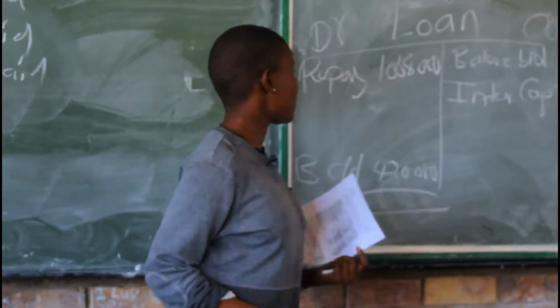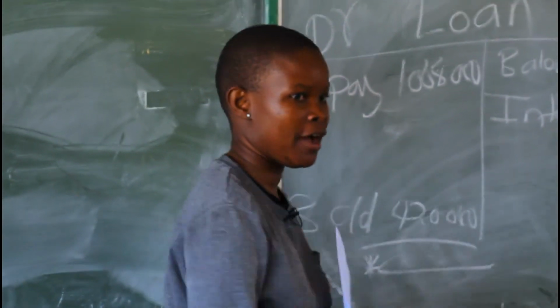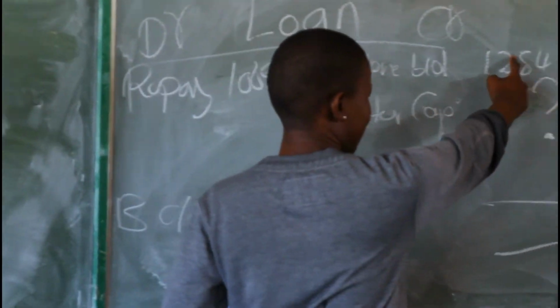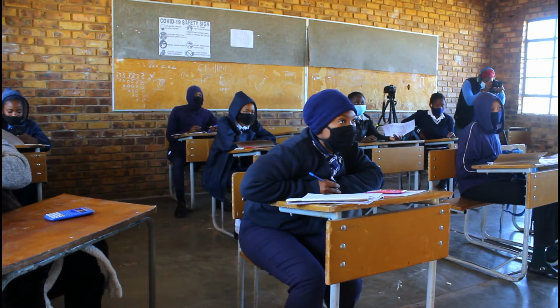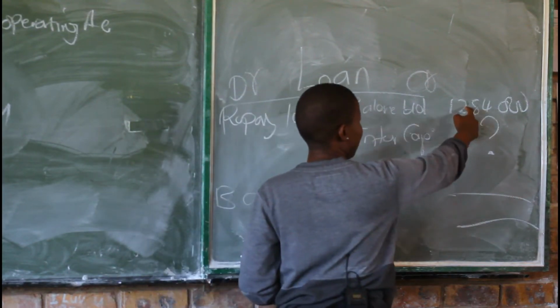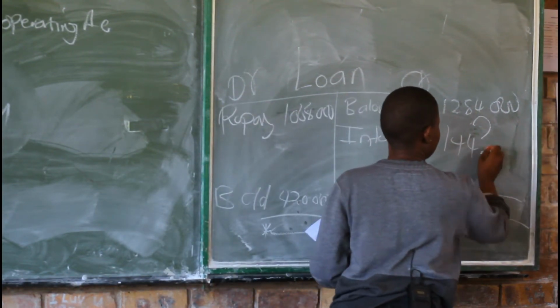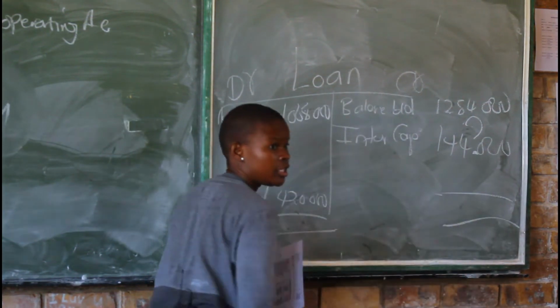What is missing is on the credit, meaning you add what is on the debit. This plus this, you get the answer from here. After you get the answer, minus this. Because accounting is about balancing both sides. So this plus this gives you the answer, and then you minus this.